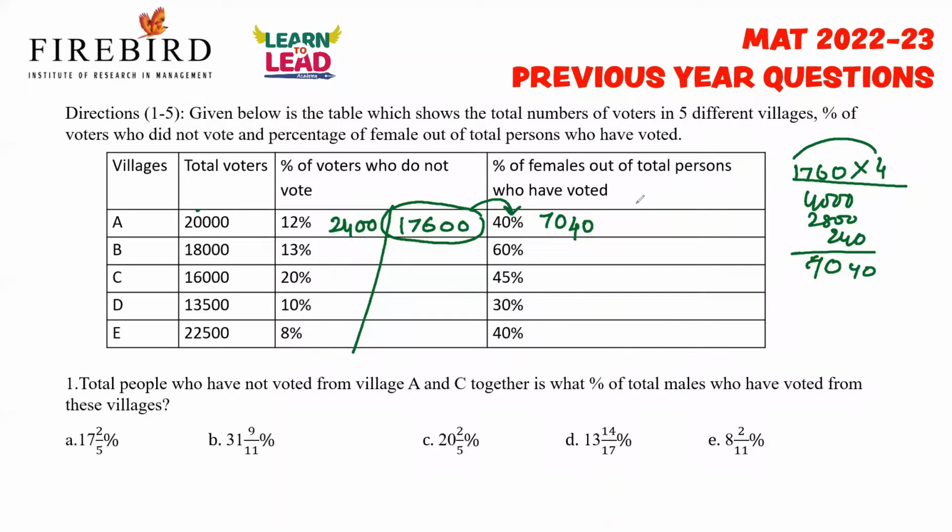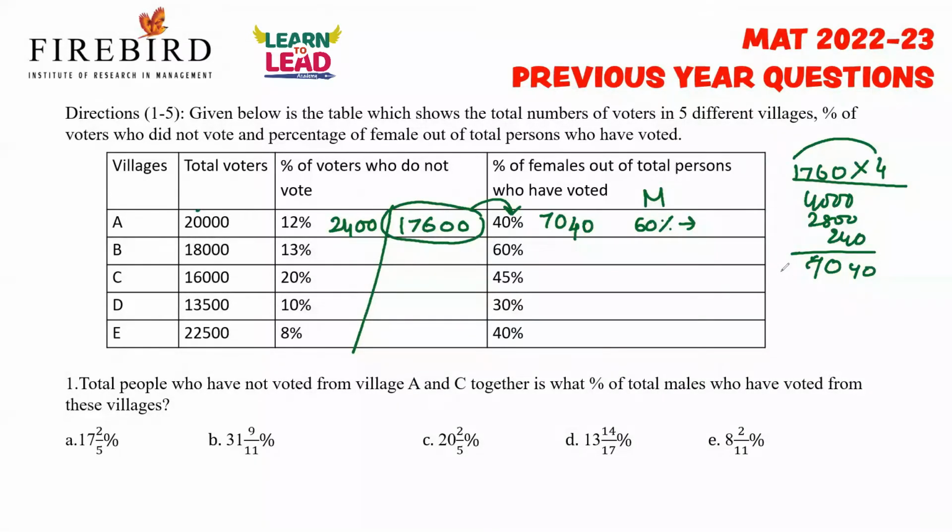And the remaining 60% are male voters. Can you tell me what is 60% of 17,600? It is very easy to calculate. You can take this 60% as 50% plus 10%.